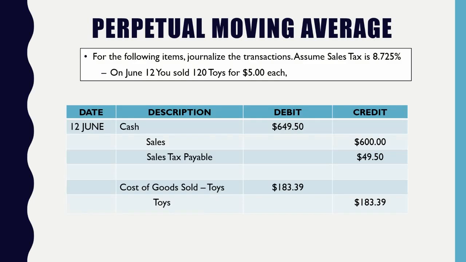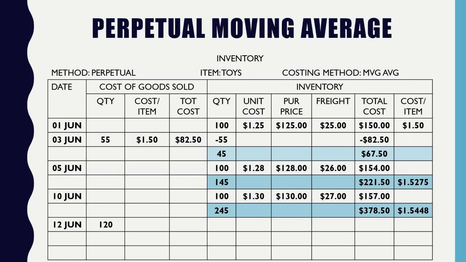Yep. So then, the next scenario tells me that I sold 120 toys. Instead of having to look for which batch came first or which batch came last, I'm only dealing with one number and one number only, the average cost per item.